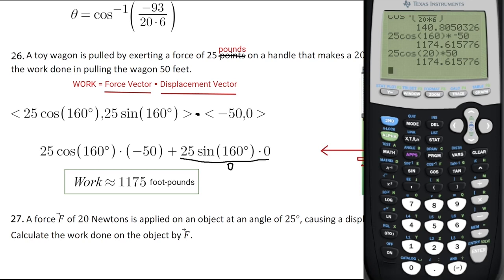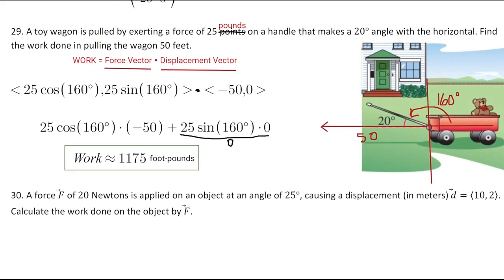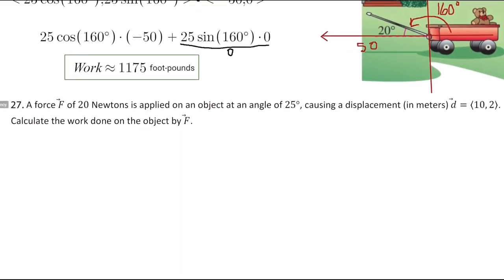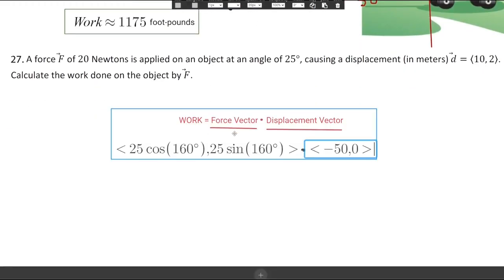So let's look at, looks like we got one last problem here, where it's another work problem. So we're going to have to use that calculator at some point, but it says a force of 20 newtons is applied to an object at an angle of 25 degrees, causing a displacement measuring 10, 2. So the displacement vector is just explicitly stated. Okay, so let me pull my work from up here.